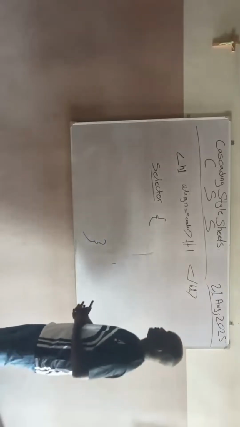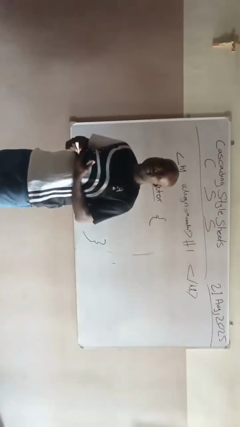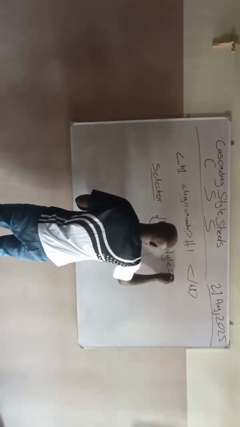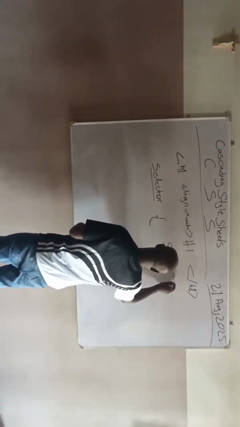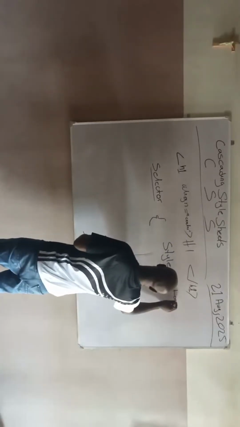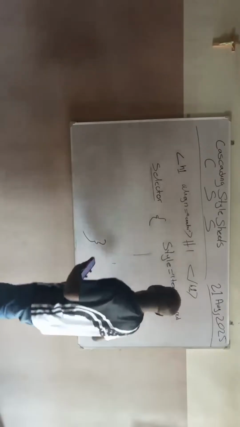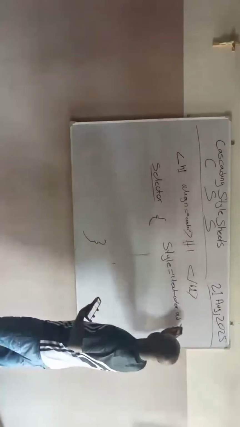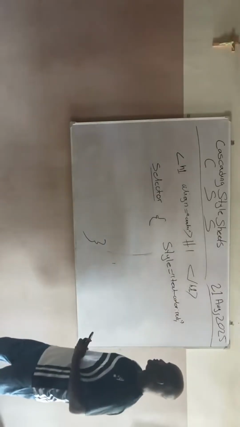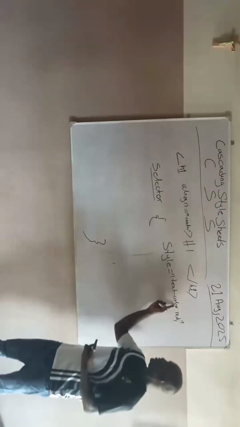So here, when I was doing our style, something like this, right? Style equals, let's say, text color, red. This is the CSS property, right? This is the property name.